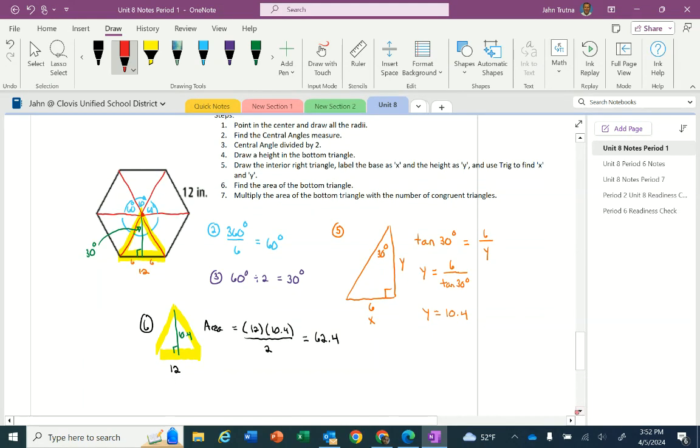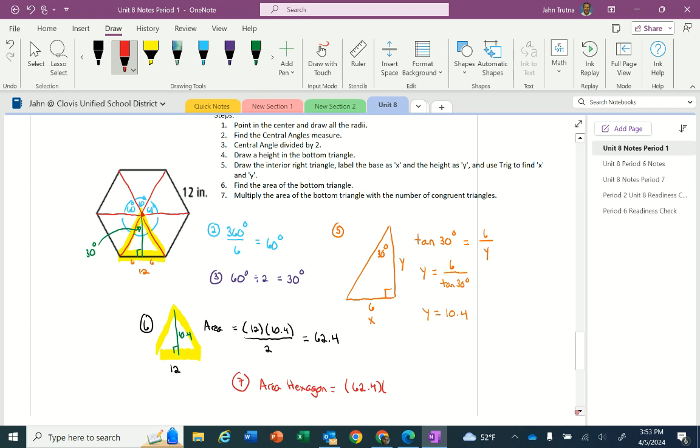And step 7 is I'm going to find the area of the hexagon. Okay, this is my last step. This is going to be my final answer. I'm going to multiply the area of my bottom triangle, 62.4, with the number of congruent triangles.